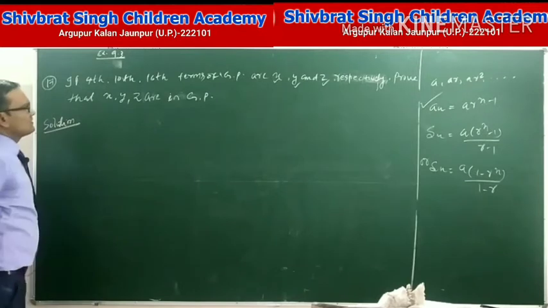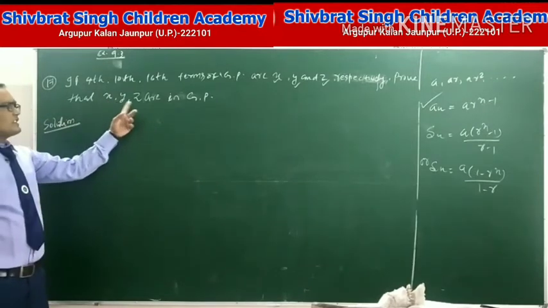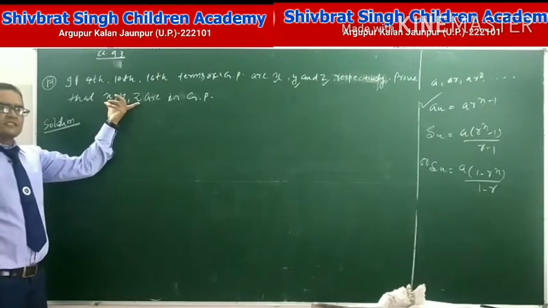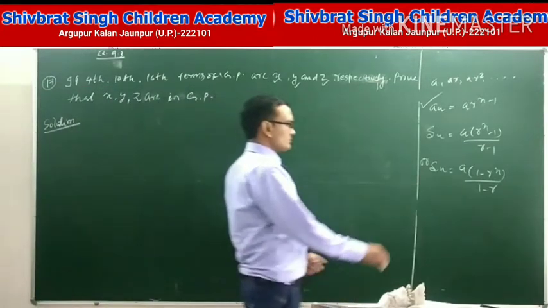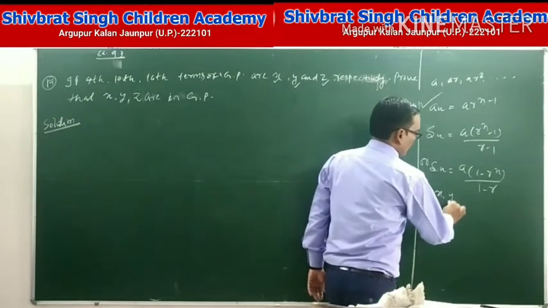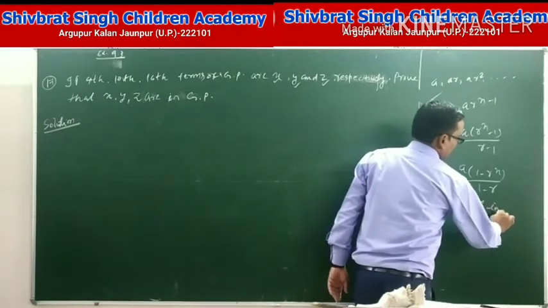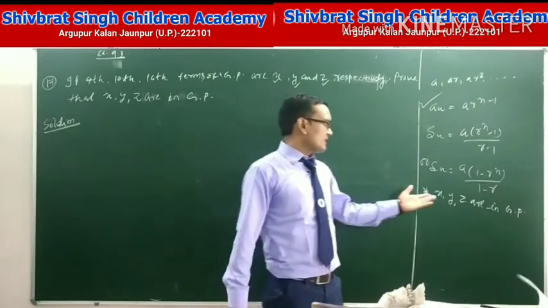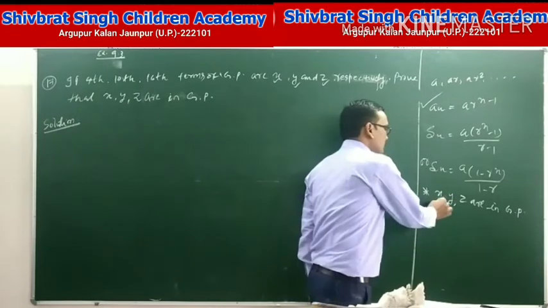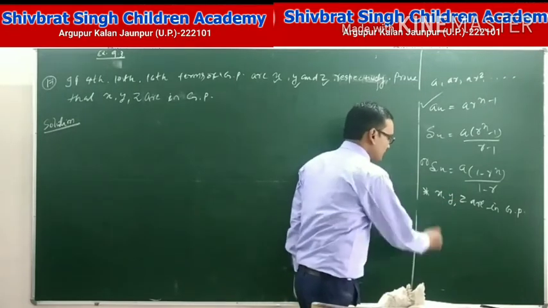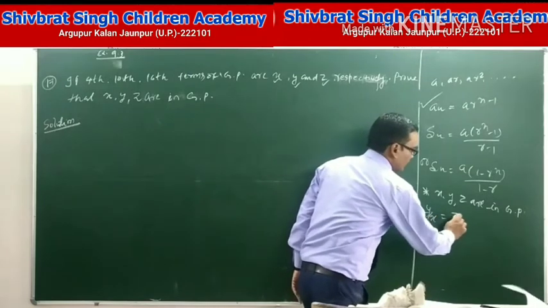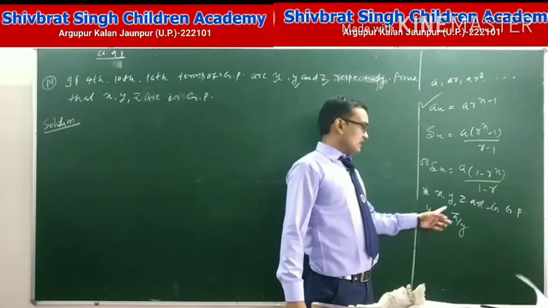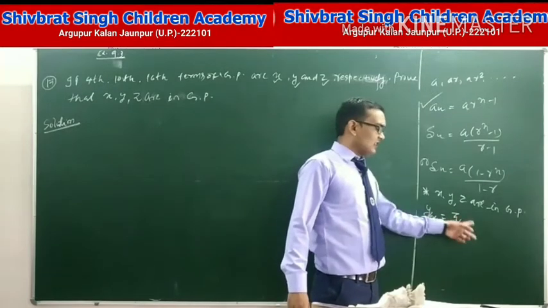Our target is to show X, Y, Z is in GP. If X, Y, Z are in a GP, what condition will we find? If X, Y, Z are in GP, then Y upon X equal to Z upon Y. That means this is the common ratio, and this Z upon Y is also the common ratio.